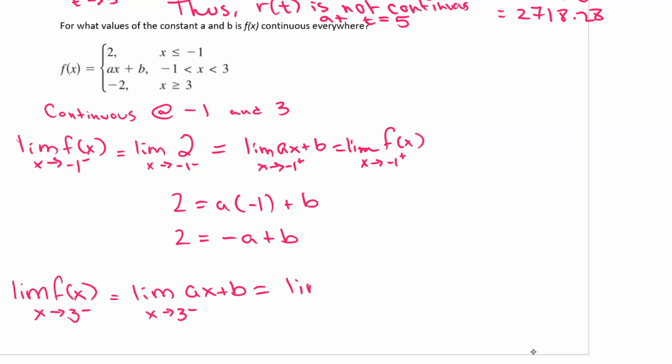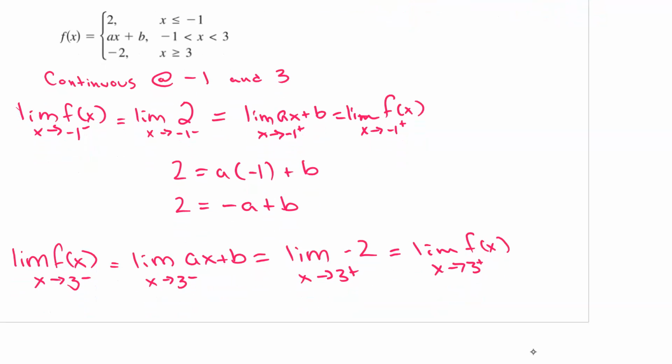And we're looking to make that equal to 3 from the right. Whoopsie, -2. So now I've got a times 3 plus b equals -2. So 3a plus b equals -2.